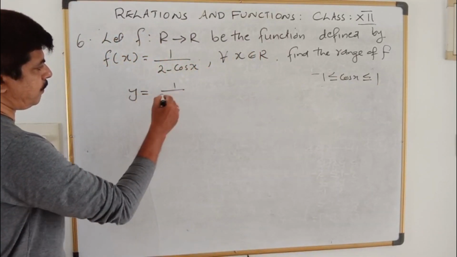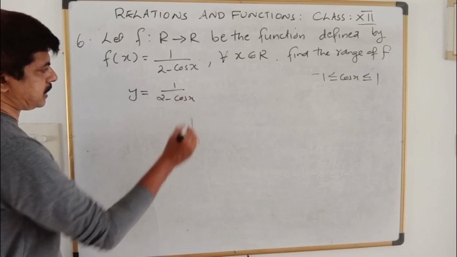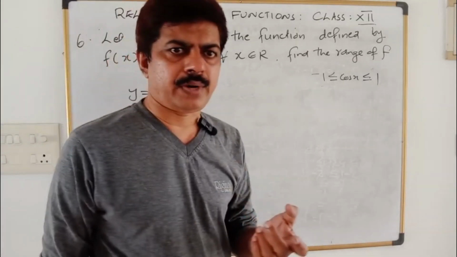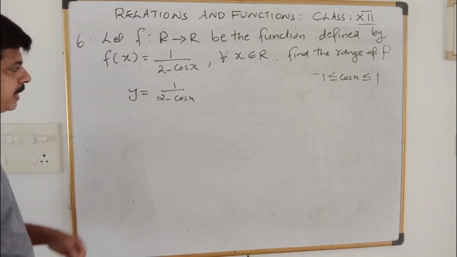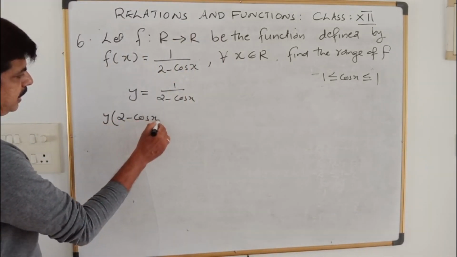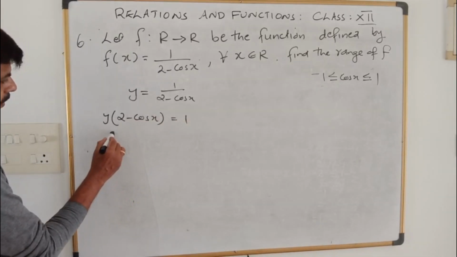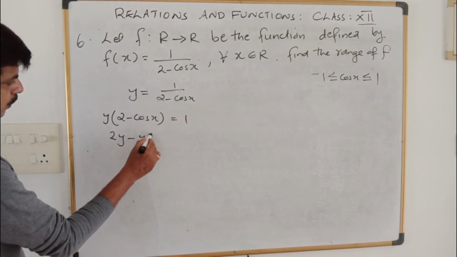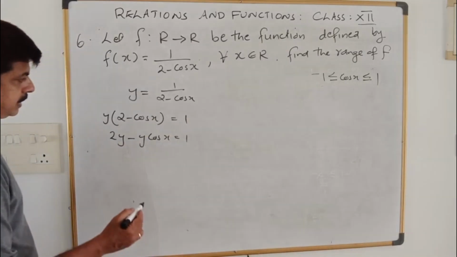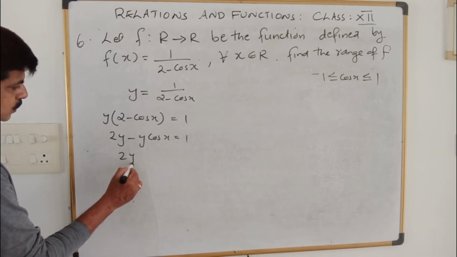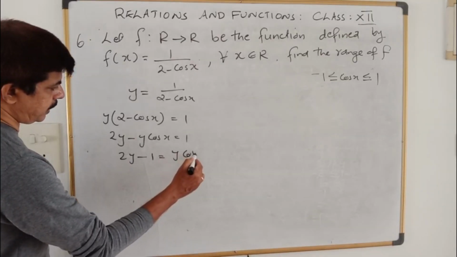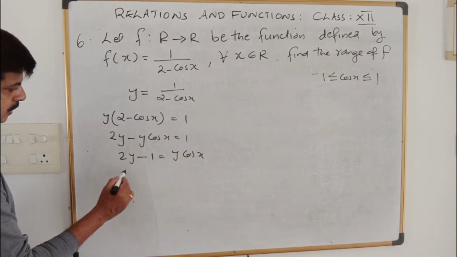y is equal to 1 by 2 minus cos x. This is y in terms of x. We try to get x in terms of y. We find out what is cos x. We take the cross multiplication and open the bracket. 1 should be taken to this side, so minus y becomes plus y.